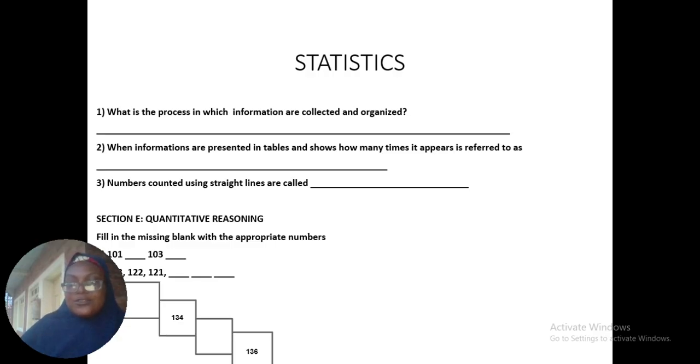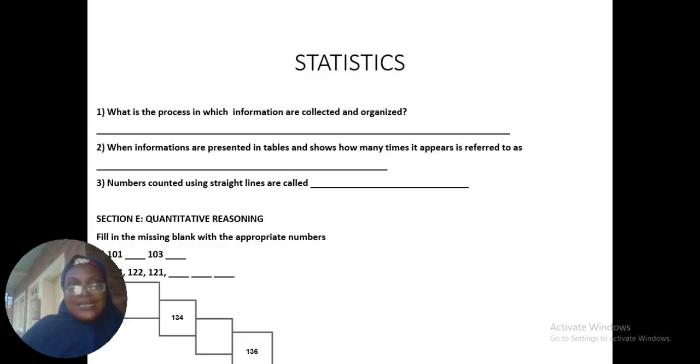And what is that data? Data means information. We've already said that. So now, other than data, we have ways in which you can represent data. Sometimes through tally. What is tally?